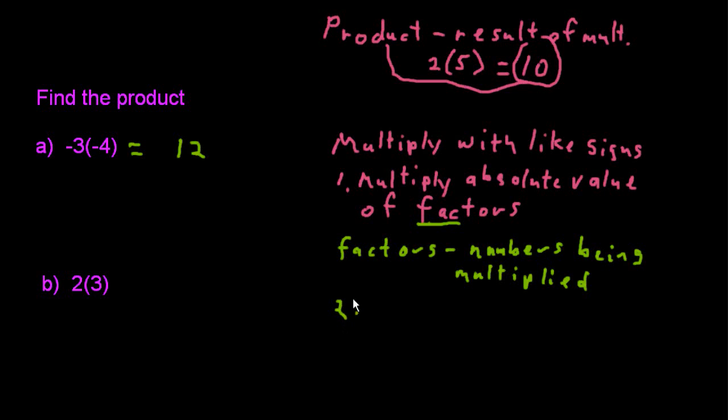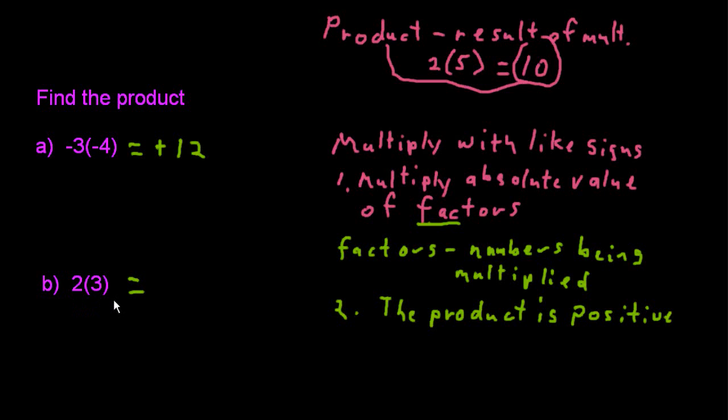Is it going to be a positive 12 or a negative 12? Well, if we have like signs or the same signs, the product is positive. So our product is plus 12.